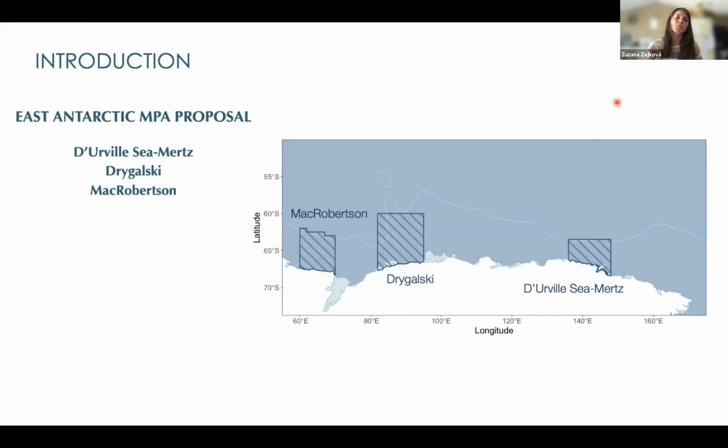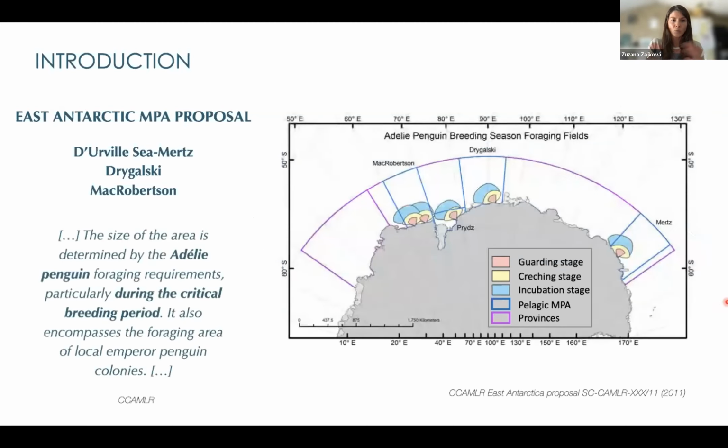This proposal was proposed, I'd say, back in 2011 for the first time, and since then it went through several changes and adjustments. Currently, this proposal consists of three areas, which are Mac.Robertson, Drygalski, and the Orwell Seamount. One might wonder why this area and how they were delimited.